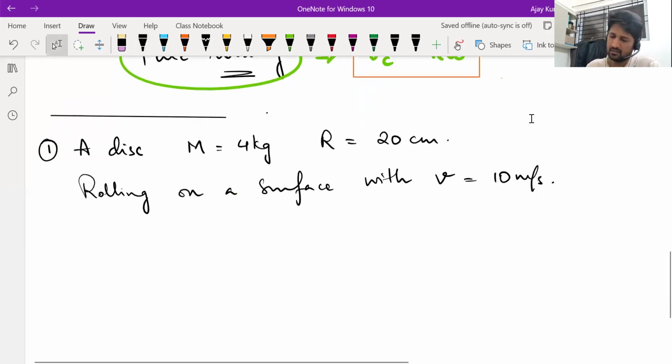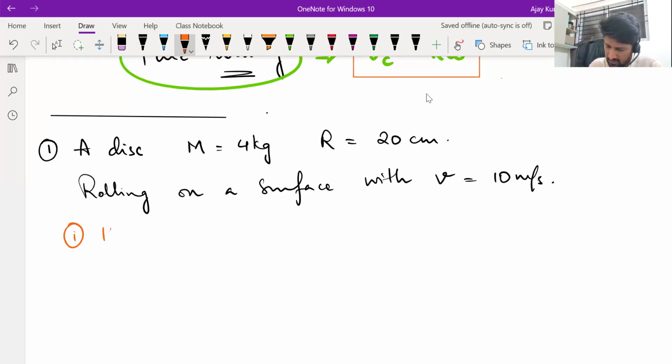Rolling is a case of combined translation and rotation. I have given you the speed of the object. First, calculate the kinetic energy of translation. Calculate kinetic energy of rotation. Total kinetic energy. Solve this, all of you.